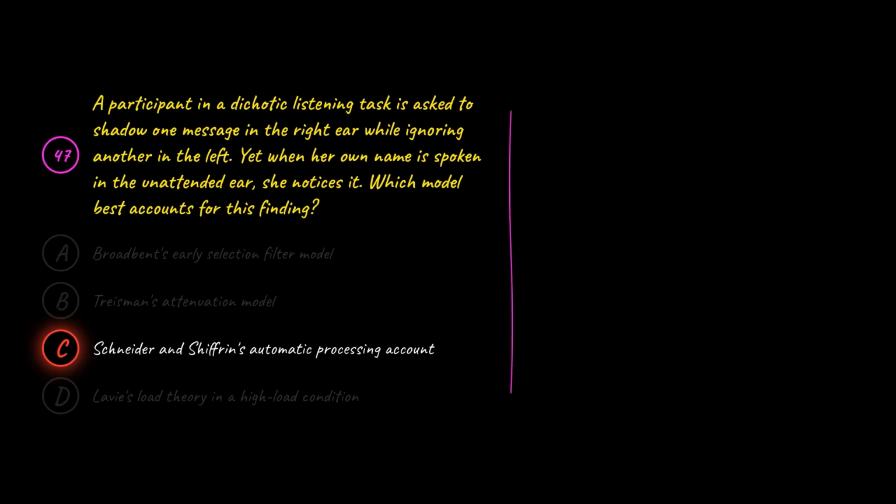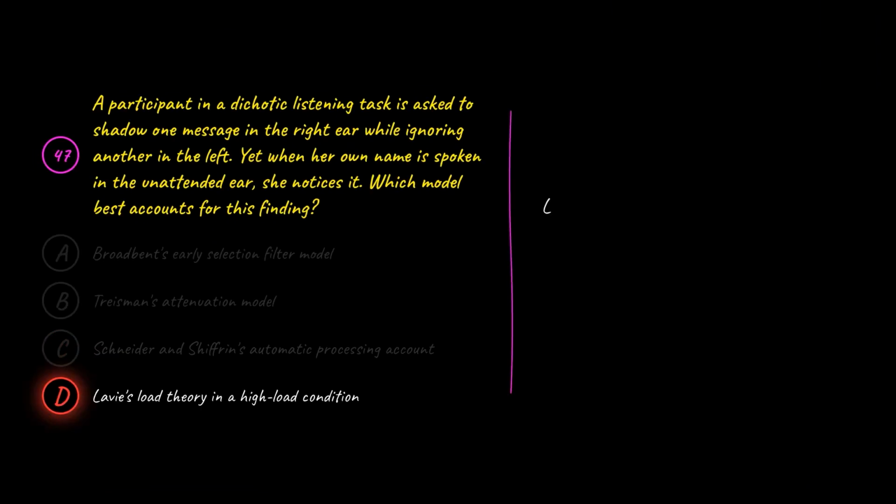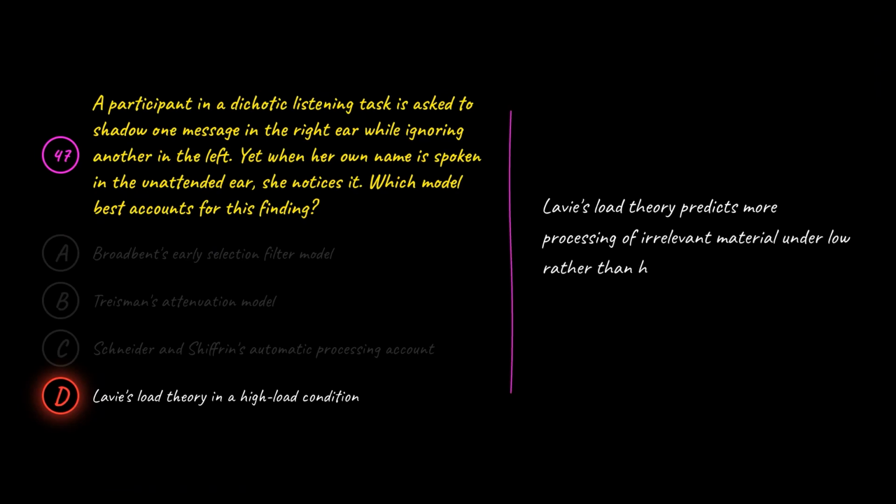C is wrong because Schneider and Shiffrin's account distinguishes automatic from controlled processes generally, but the attenuation model is the specific framework for selective listening. D is wrong because Lavie's load theory predicts more processing of irrelevant material under low rather than high load, not specifically that personal names slip past attention.